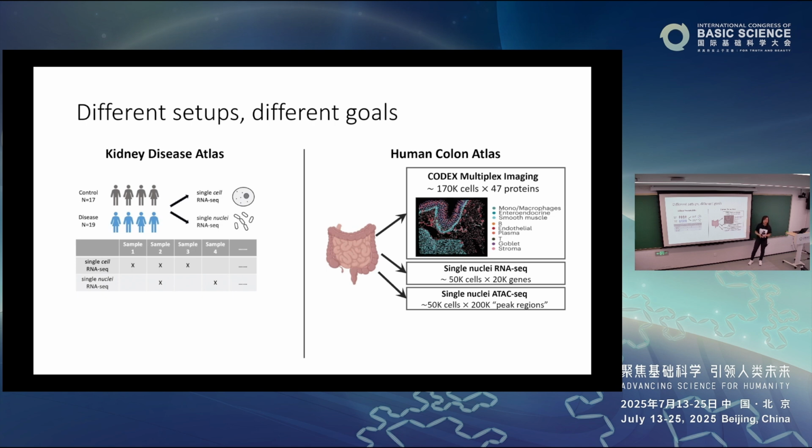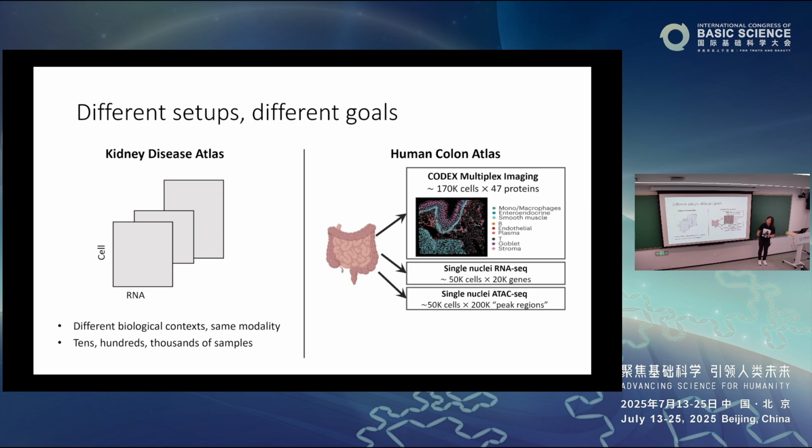Protein, RNA, and ATAC. So the goals are different. In the first kidney atlas example, you're looking at actually different biological contexts, disease versus healthy. The same modality, you're getting RNA from all of them, so it's the same modality.